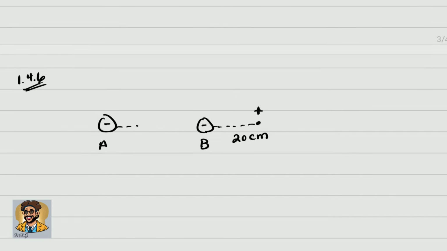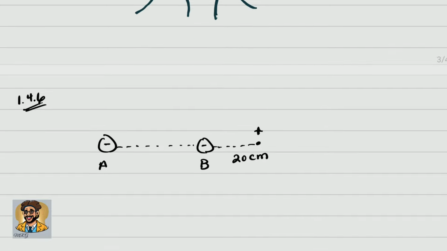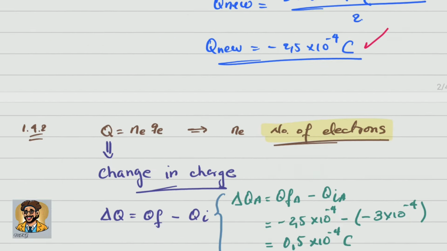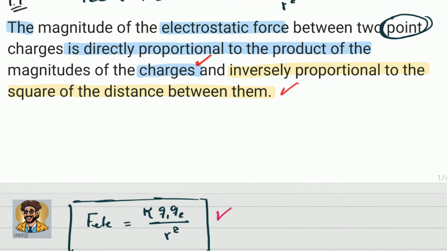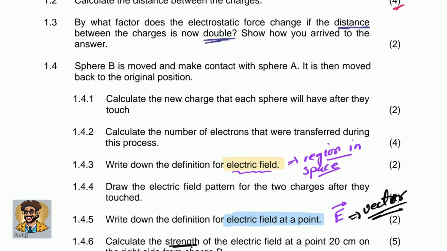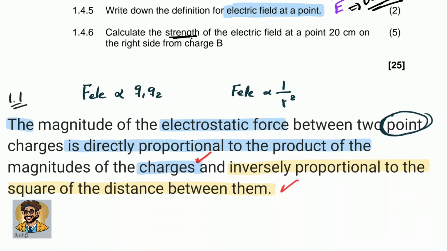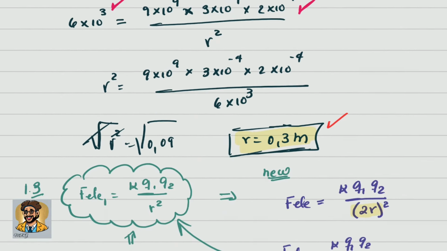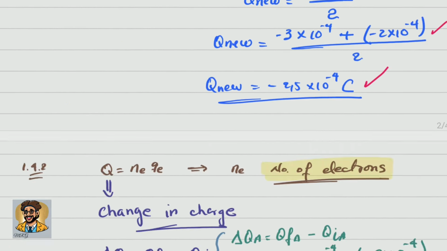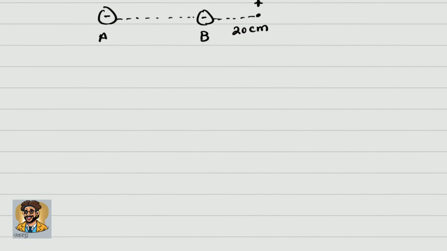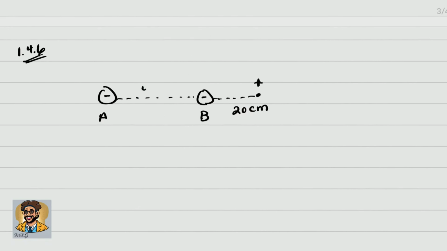Now, what is the problem here? Remember, those charges were moved back to the initial point, so they will touch each other and they will move to the original position. It means the distance you calculated at the beginning is going to be the distance here. The distance is 0.3 meters. It means that from A to B, there is 0.3 meters.